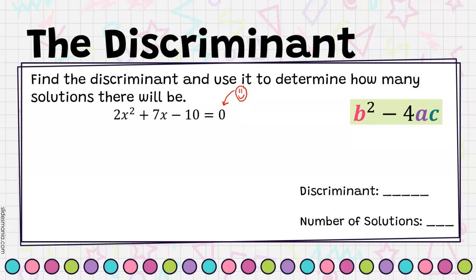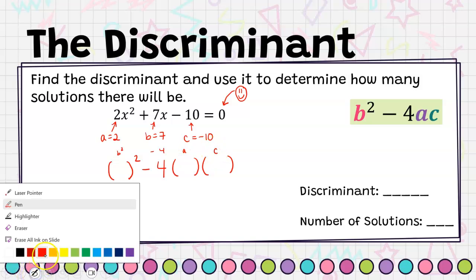And since it's in standard form, we can identify that A is 2, B is 7, and C is negative 10. Once we know those values, we can plug those into the equation for the discriminant, which is over here on the right-hand side. So I have B squared minus 4 times A times C.